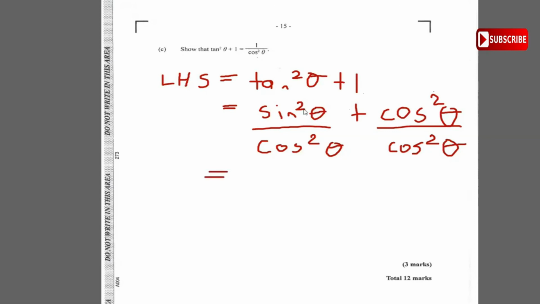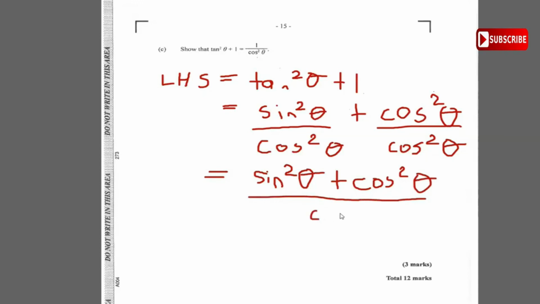Now when the denominators are the same, all we do is add the numerators. So we get sine squared theta plus cos squared theta over cos squared theta.